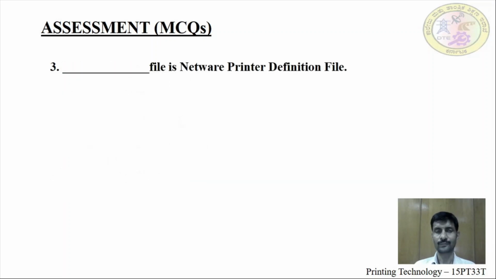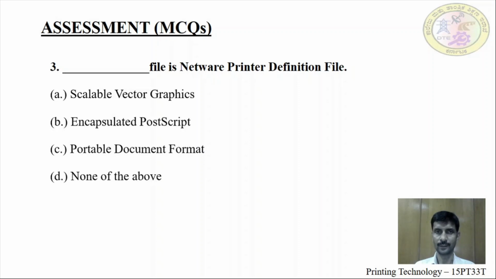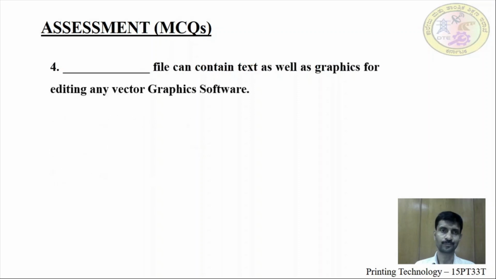Next question. Dash file is network printer definition file. These types of file formats support network printing. First option is scalable vector graphics, second encapsulated PostScript, third portable document format, and none of the above. The clue is this type of file format is a device independent file format.